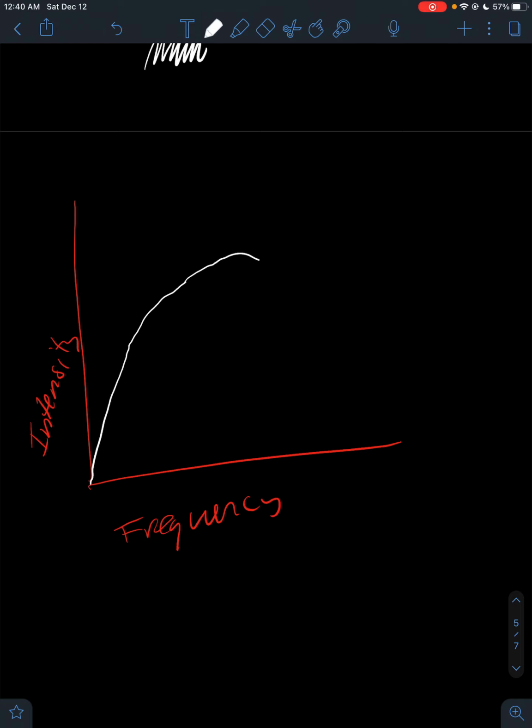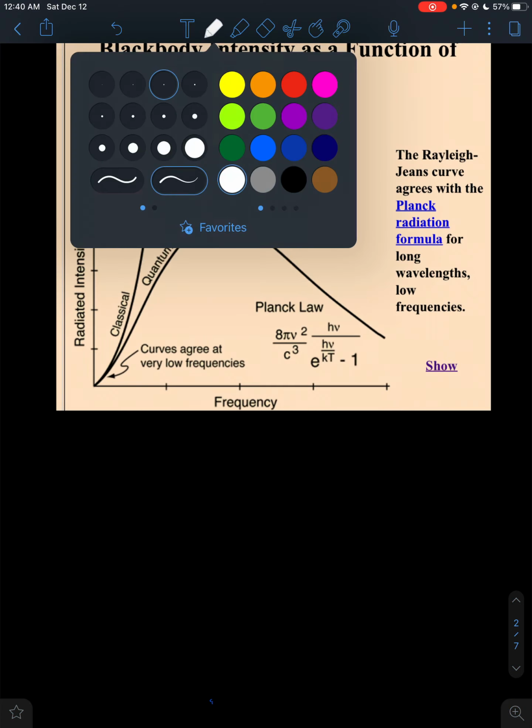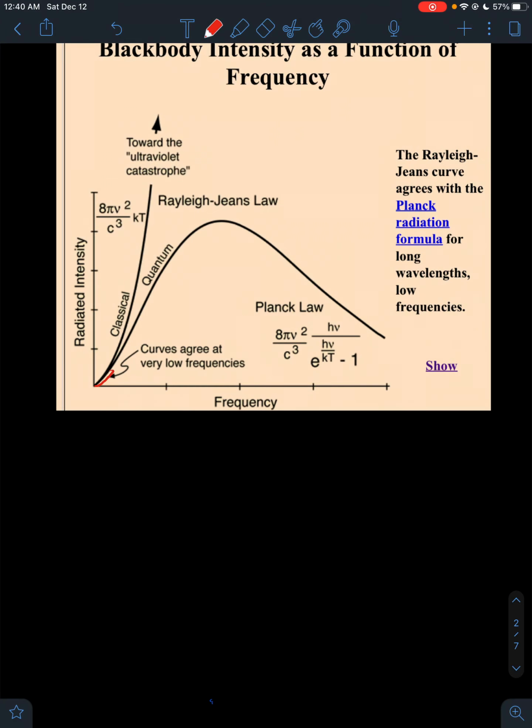But then it starts to decrease as your frequency goes on. The more accurate graph is this one over here. What happens is that your function starts to increase, and then decrease. That's what you actually observe.